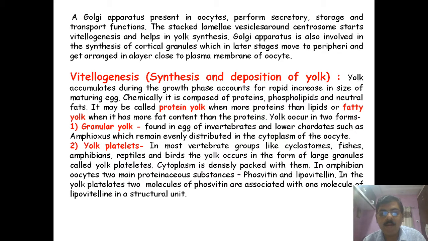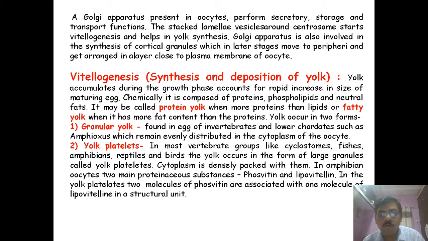Whereas the other form, the yolk platelet, is found in most vertebrate groups like the cyclostomes, fishes, including lungfishes, dipnoids, elasmobranchs and teleosts, then amphibians, reptiles and birds. The yolk occurs in the form of large granules, called yolk platelets. The cytoplasm is densely packed with them.